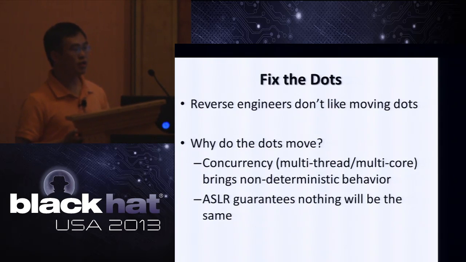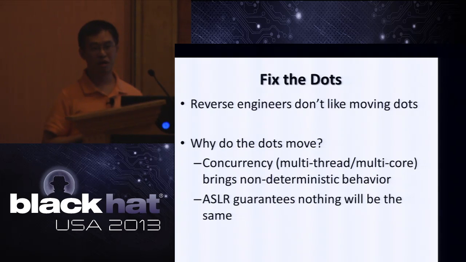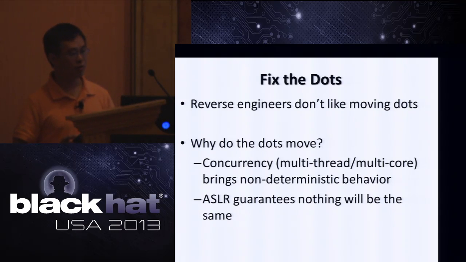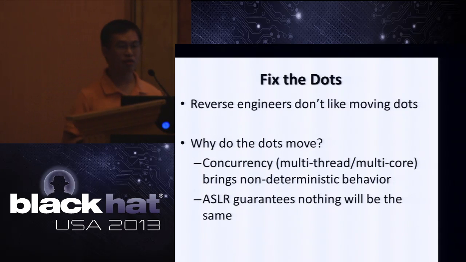One thing is multi-threading issues, as people all know. Concurrency issues bring non-deterministic behavior, and this is multiplied by real concurrency from multi-core processors, multiple processors in the system. And more interestingly, the security features designed to guarantee protection actually make things worse.